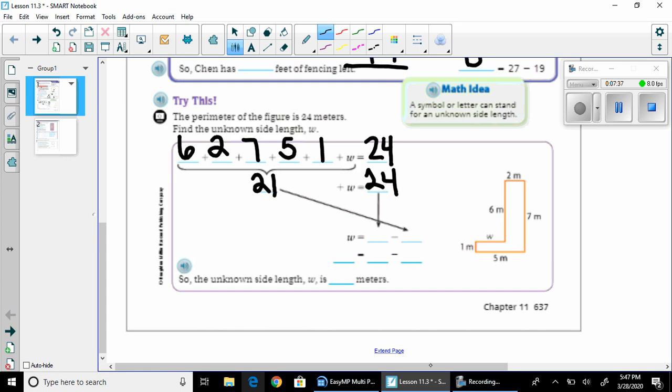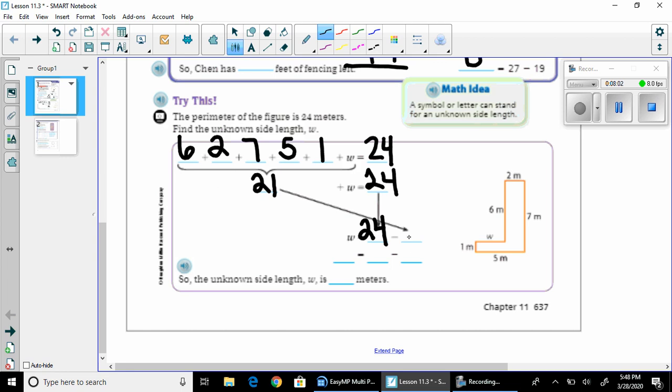24 meters, and we are going to subtract it from the distance that we know, or the distance that we have. Okay? So I am going to follow my model here, and it's telling me to put my big number, or my perimeter, first. So 24 is our perimeter, or distance all the way around, and I'm going to subtract the sides that I already do have.